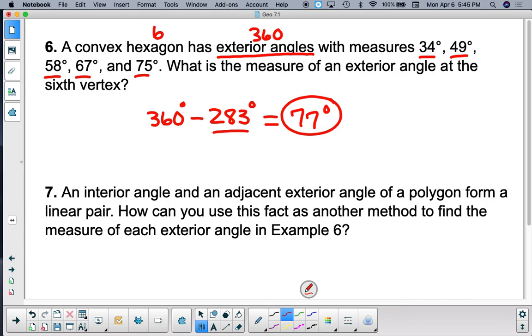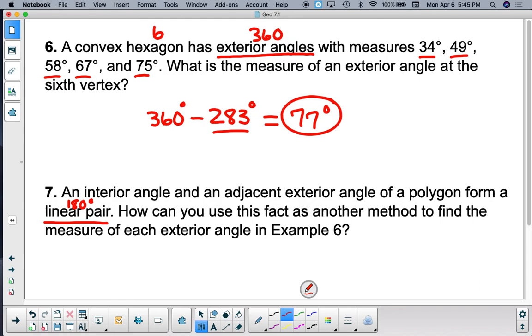Alright, 7 says an interior angle and an adjacent exterior angle of a polygon form a linear pair. Okay, linear pair means they add up to 180. They're supplementary. Okay, how can you use this fact as another method to find the measure of each exterior angle in example 6?